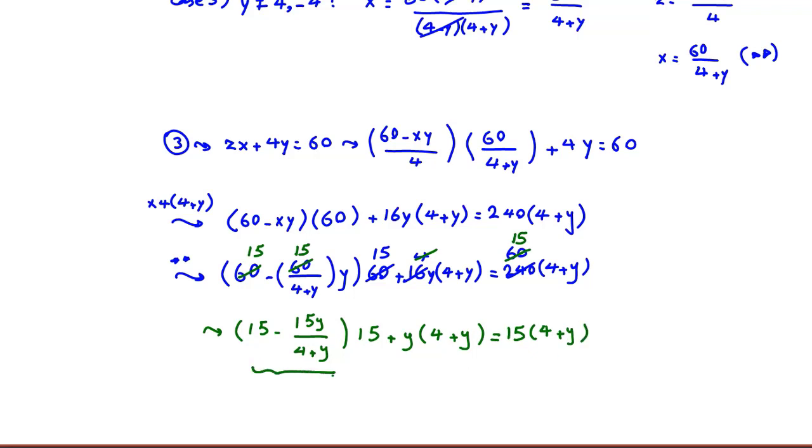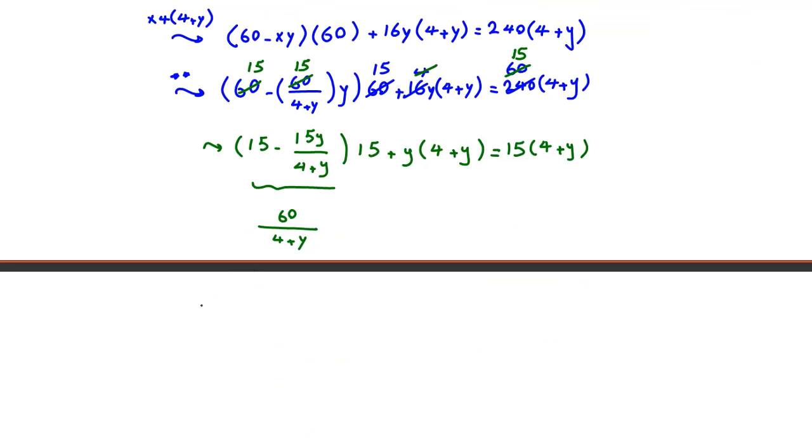Now here, if we use common denominator (4 plus y), 15 times 4 is 60, plus 15y minus 15y, it will be cancelled. So if we rewrite it, let's multiply both sides by (4 plus y).